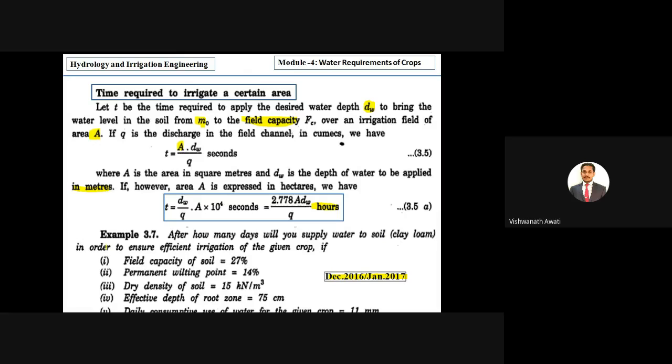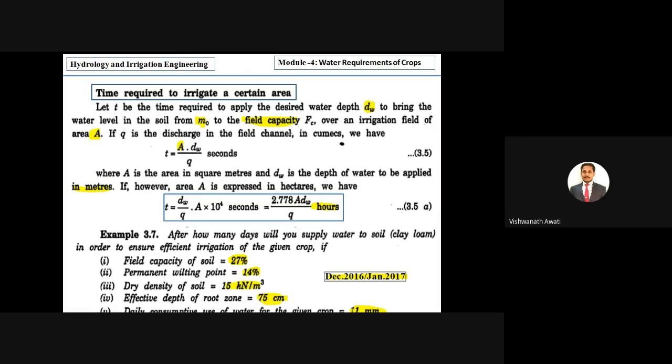If field capacity of soil is 27%, permanent wilting point is 14%, dry density of soil is 15 kilonewton per meter cube, effective depth of root zone is 75 centimeter, daily consumptive use of water for the given crop is 11 mm, right?